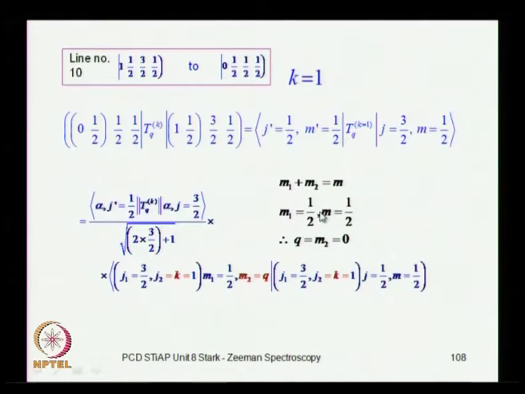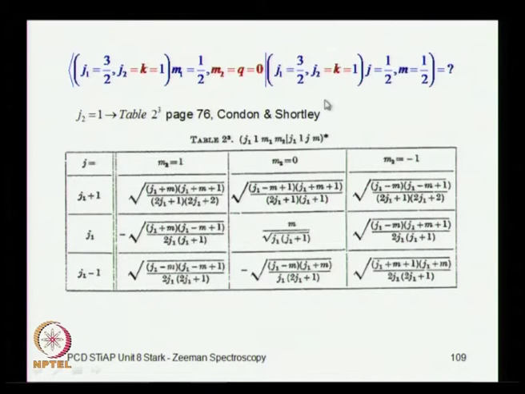So, there is a similar but a different reason which is responsible for the fact that M must be 0, and using the table for J2 equal to 1, you know that since M2 is equal to 0, you use the middle column, which is the column for M2 equal to 0, and then you see this difference.